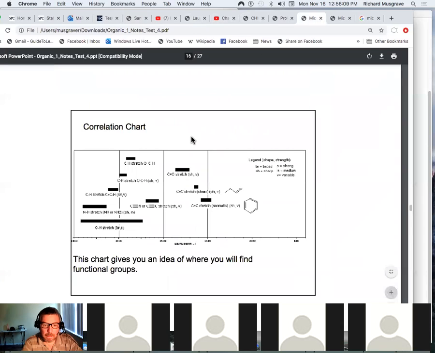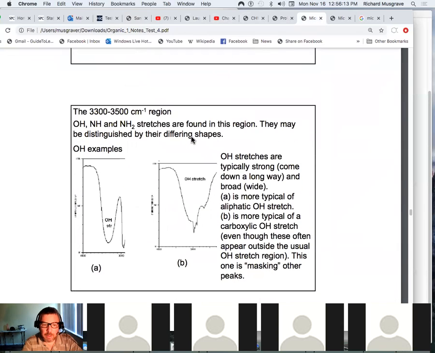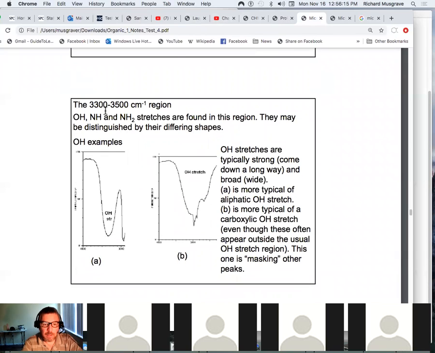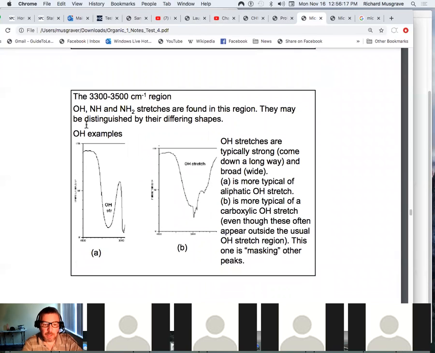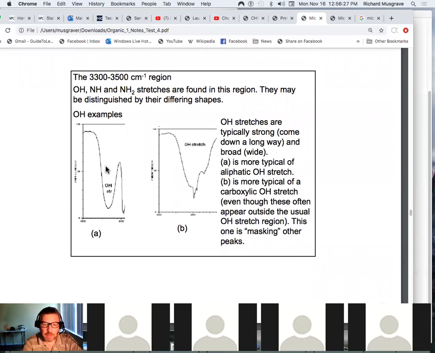All right. So there's your correlation chart. And in a 3300 to 3500 region, that's where you can expect to find OH, NH, and NH2 stretches. And they're distinguishable because they have different shapes. So OH, there's actually 2 flavors of OH that we can see.